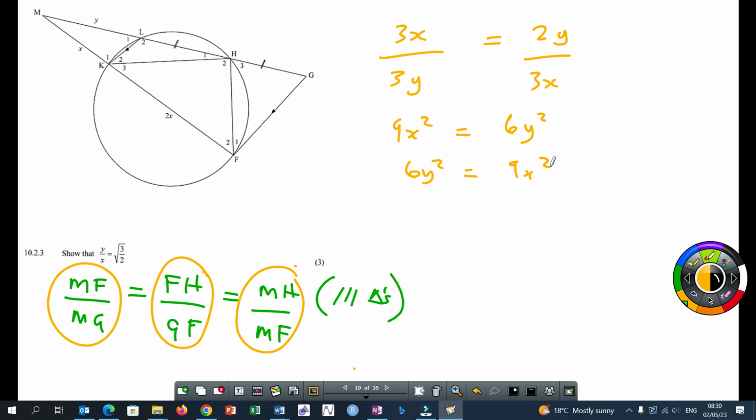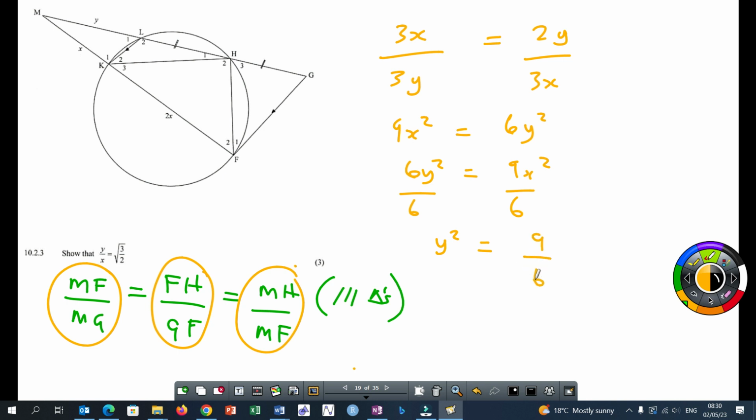You want the y to be the numerator, so it's better to have the 6y squared on the left hand side. Then from there we divide both sides by 6, and you get y squared equal to, okay, I can simplify this and just write it as 3 over 2 x squared. Okay, no, not like that, sorry. But I need to take the square root.